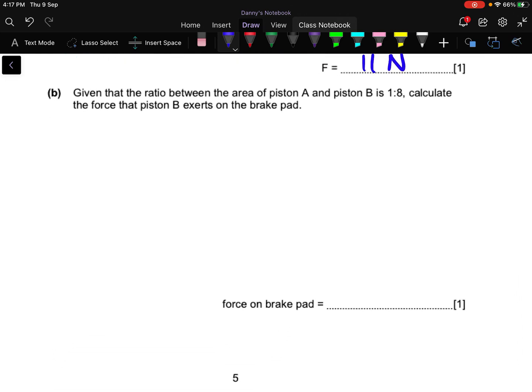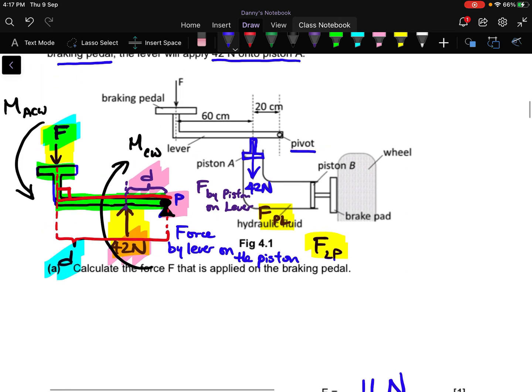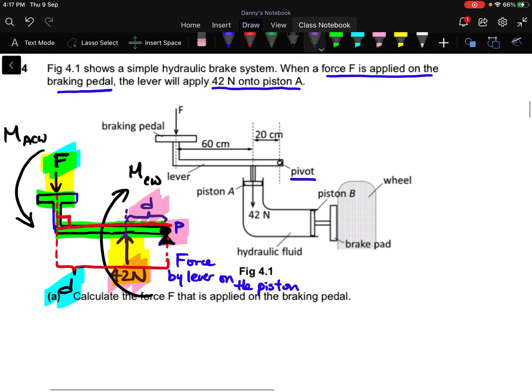Okay, then for part B, again, it is your homework question. What you need to know is the system expression, so I keep emphasizing this system expression. If you look at this hydraulic jack or hydraulic braking system, basically what you have is piston A and piston B, and they are linked together by this fluid that is inside.